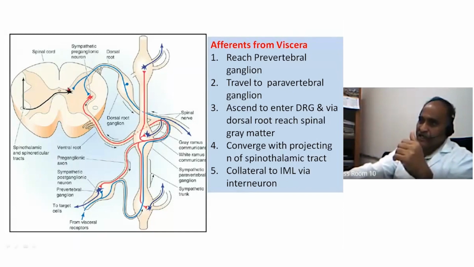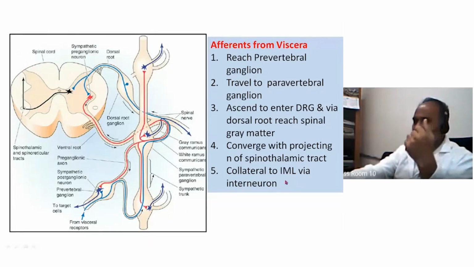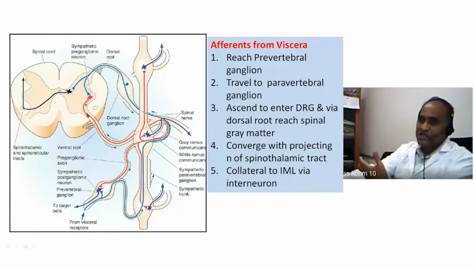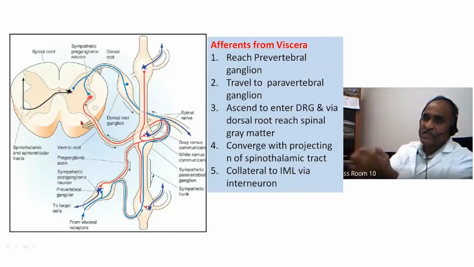They converge on the projecting neuron of the spinothalamic tract. This ascends up, and that will be processing for the pain pathway. And a collateral is given to the intermediate lateral, to give a check or restrict the output.